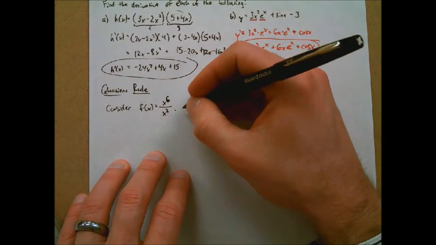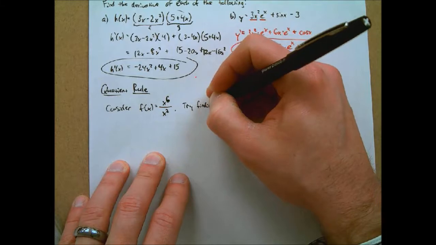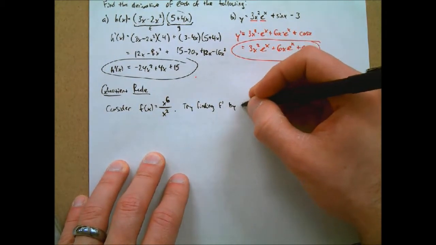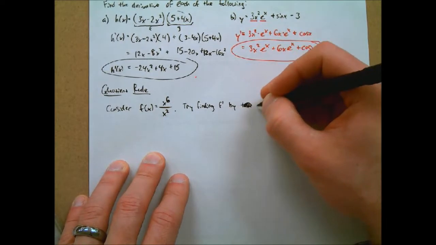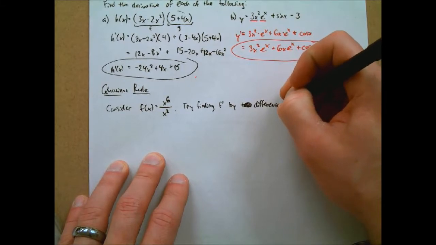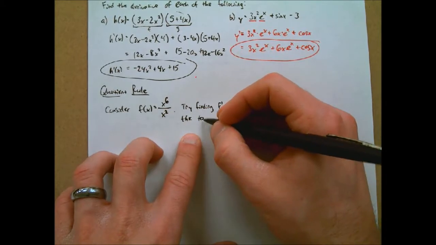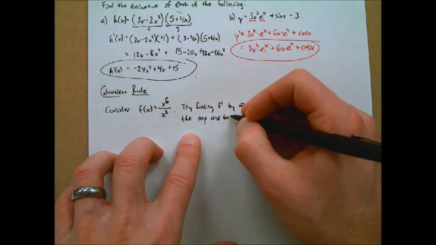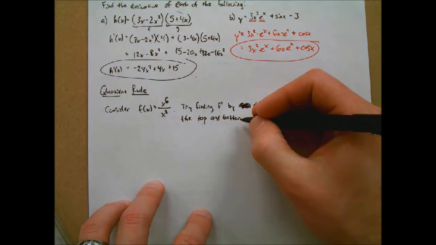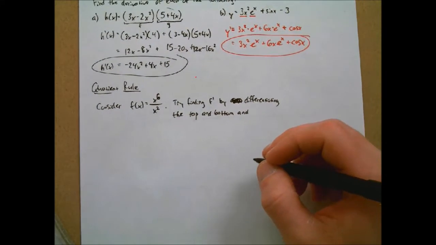Try finding f prime by differentiating the top and bottom, I'm not going to use numerator and denominator because I'm lazy, and dividing the results.